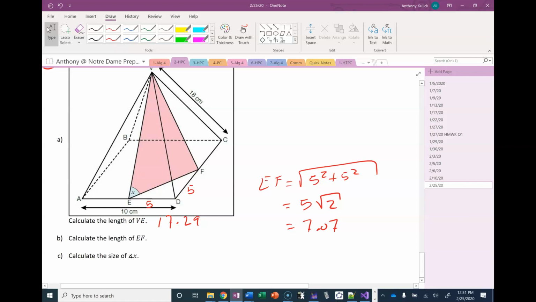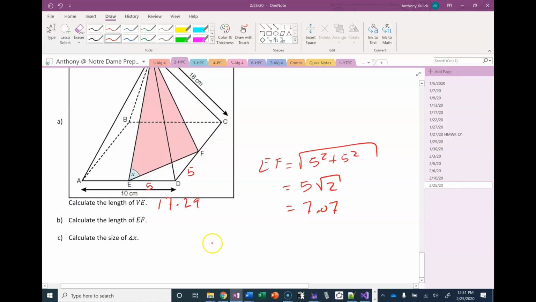Okay. And then if we want the size of angle X, what I'm going to do is use this triangle VFE that is drawn in pink. Though that triangle is not a right triangle, I do know all of the side lengths since VE and VF are going to be the same, right? So I can use the law of cosines here.